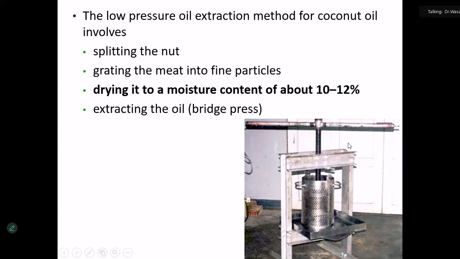Once you apply pressure here, this piston moves downward. Now the coconut kernel is at the bottom, so you are pressing the kernel. So coconut oil comes out through these holes. It is collected in this tray.